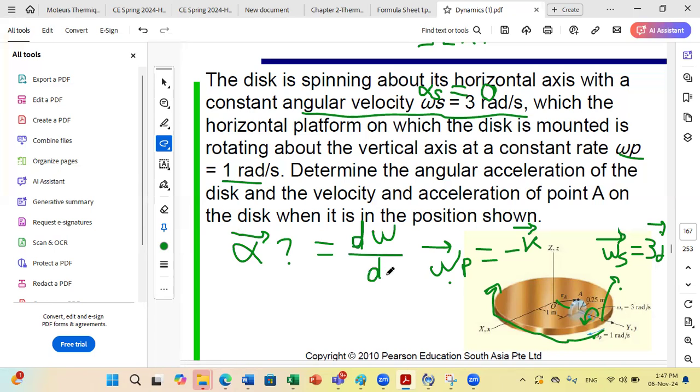And here, since we have rotation, the total rotation is due to combined rotation about two axes. This means that the disk is rotating about this axis, and the plate is rotating about the z-axis.